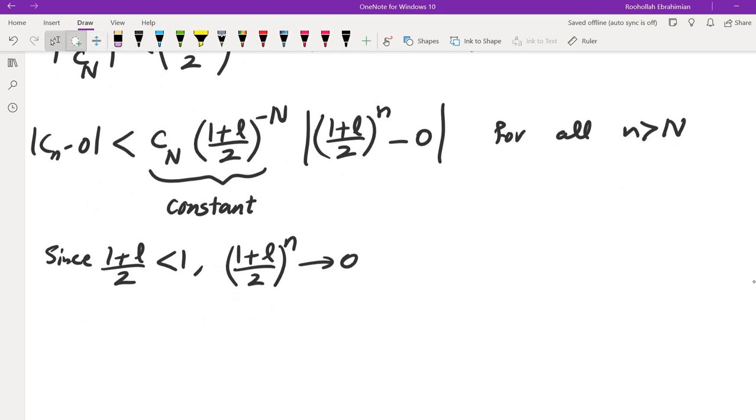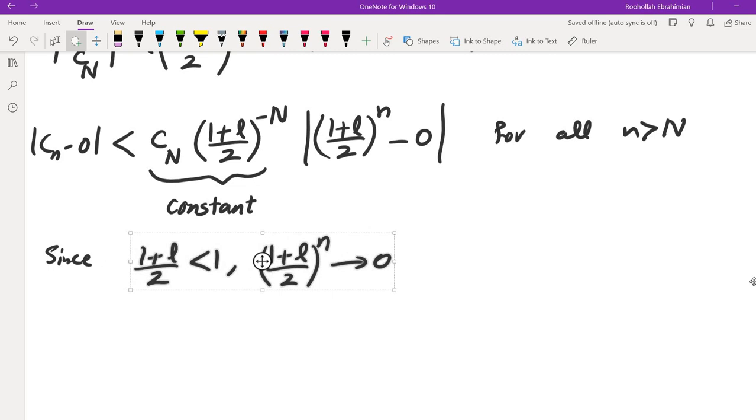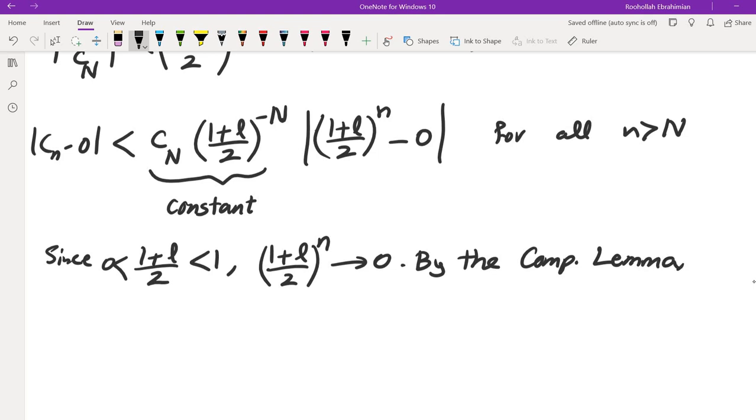And of course (1 plus L) over 2 is positive. So (1 plus L) over 2 to the power of n approaches 0. By the comparison lemma, Cn approaches 0 as desired. So this proves the second part of this theorem.